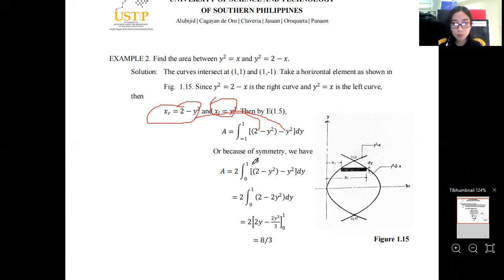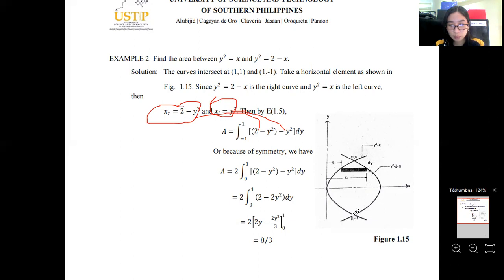Because of symmetry, we have area equal to 2 times the integral from 0 to 1, since we have this point from negative 1 to 1.